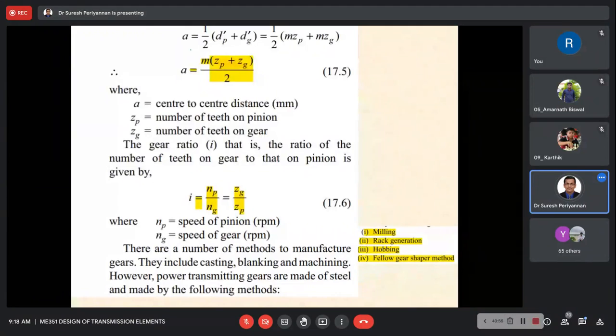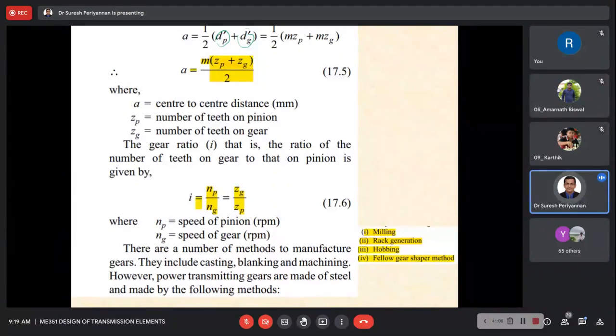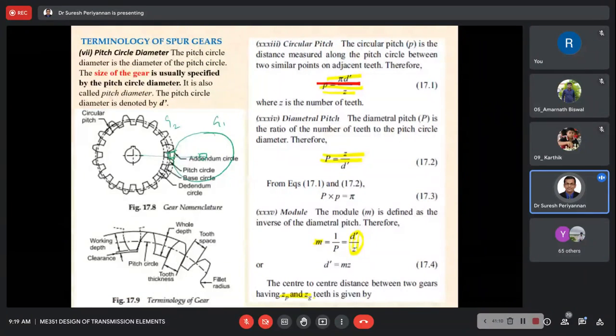Now, what is the center distance? Center distance is 1 by 2 times the pitch circle diameter of the pinion plus the pitch circle diameter of the gear, divided by 2. Now m is 1 by p, this is from the module. Now d dash is nothing but pitch circle diameter. Commonly we consider the pinion as subscript p, and the gear as subscript g.